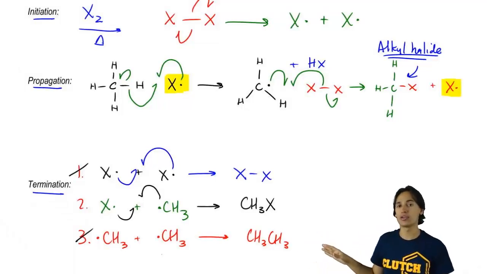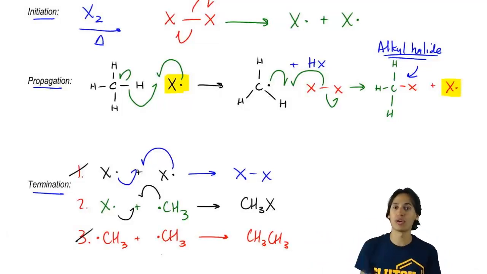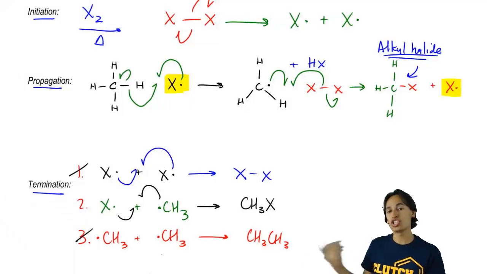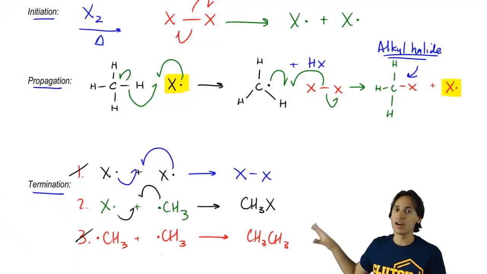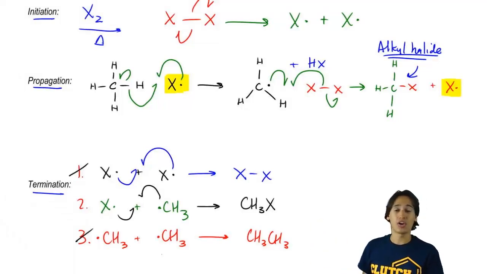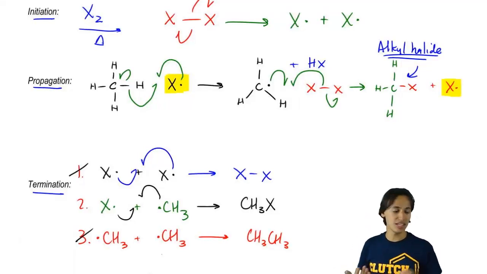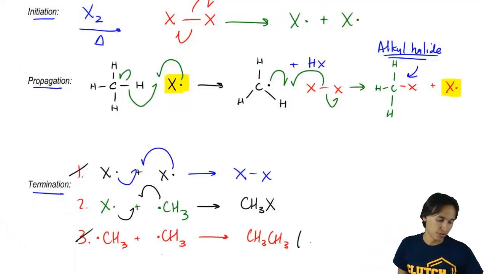Whereas these methyl radicals can only be formed after they've already reacted with a halogen. So the chances of them colliding and making a bigger hydrocarbon are actually very small compared to the chances of them colliding with another halogen. So I'm going to get a very tiny amount of this, like scarce.